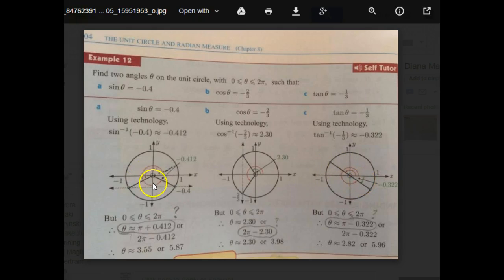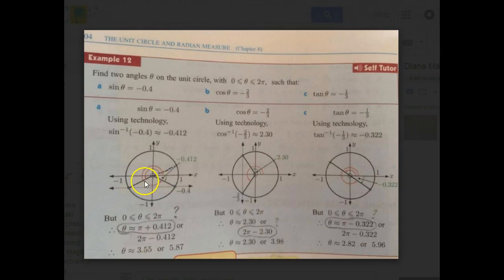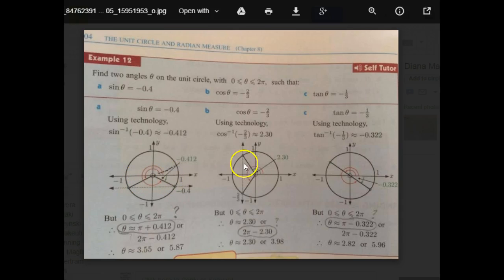Not only do these two angles have the same value of sine, but both of the sine values are negative. Not only do these two angles have the same value of cosine, but both angles have a negative cosine. And not only do these two angles both have the same value of tangent, but they both have a negative tangent. So that's what these pictures are kind of showing.